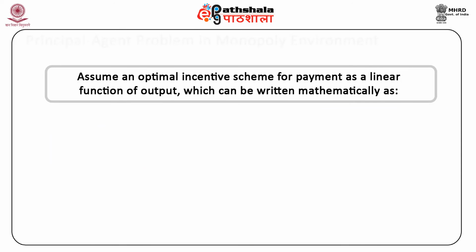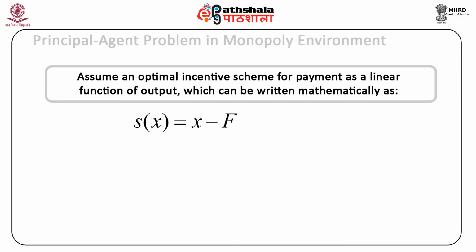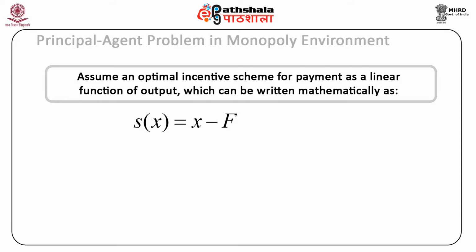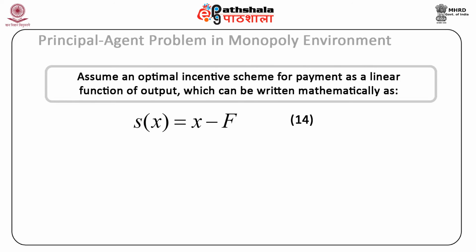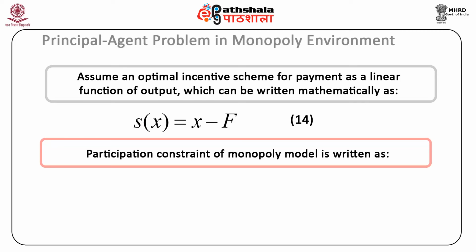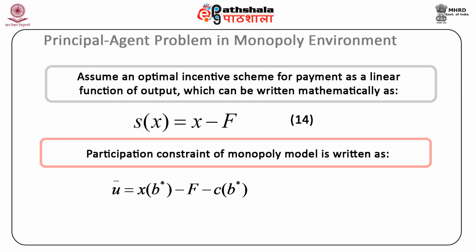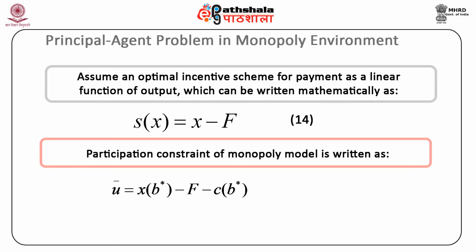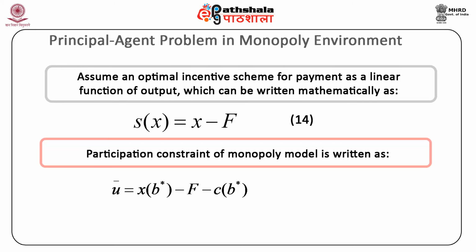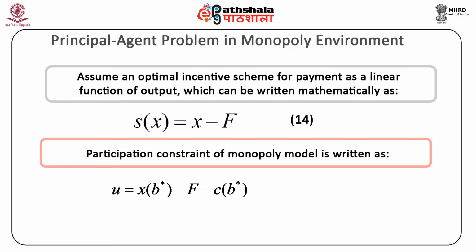Thus, we assume an optimal incentive scheme for the payment as a linear function of output which can be written mathematically as S(X) equals X minus capital F. This is condition 14. In passing, note the participation constraint of monopoly model is written as U bar equals X(B star) minus capital F minus C(B star).